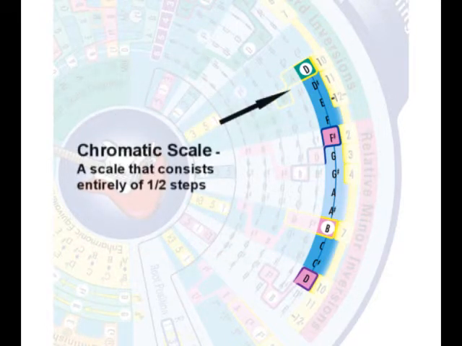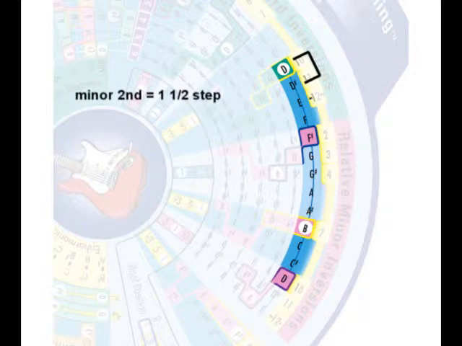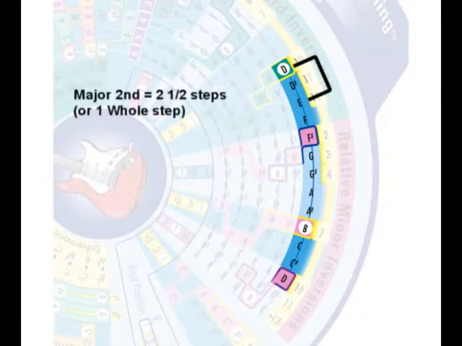And we are working in the context of a chromatic scale, which is a scale that consists entirely of half steps. Let's analyze our intervals. A minor second equals 1/2 step. A major second equals 2 half steps or 1 whole step.